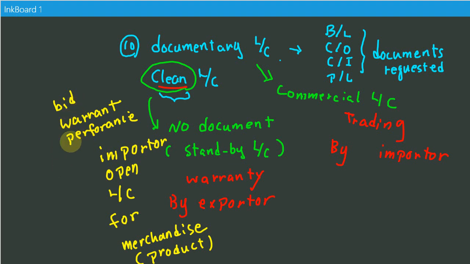In this case, the import requests the export, we are suspicious of your performance. The meaning of performance is to implement the contract.